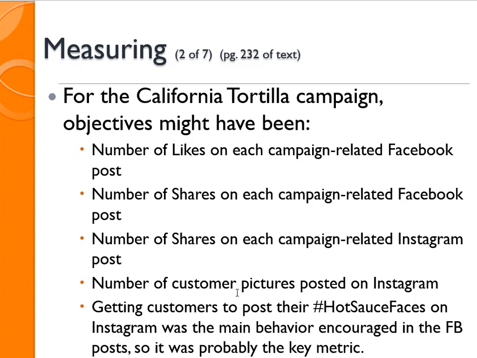So they were defining their metric of what they're going to go out and look at. They were also looking at getting customers to post that hashtag on Instagram, and they encourage behavior on Facebook posts. Right, so this was probably their key metric.